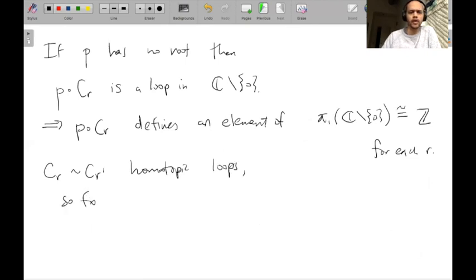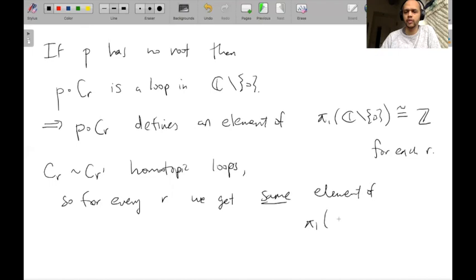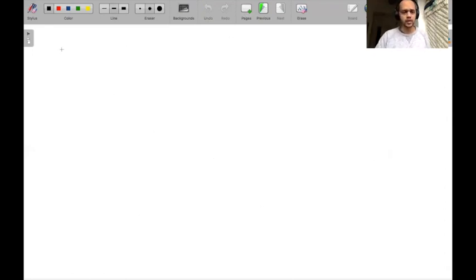So for every R, we get the same element of the fundamental group. Okay, so this is going to be crucial. Okay, so now let's just think about what that element is.